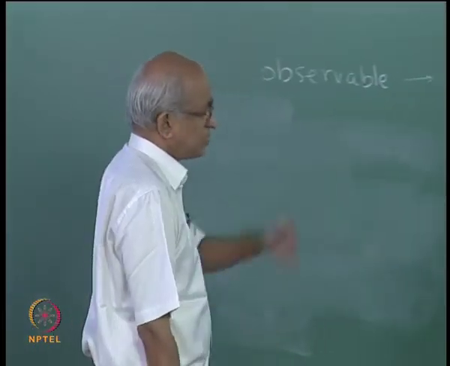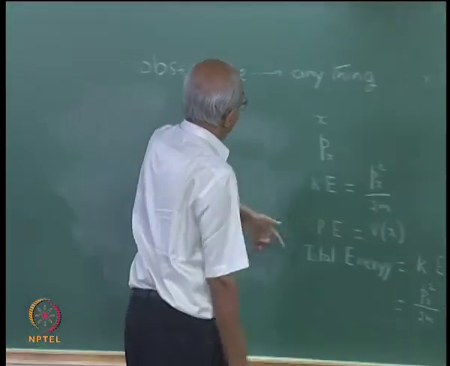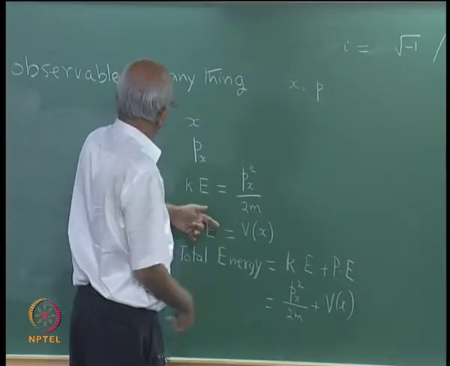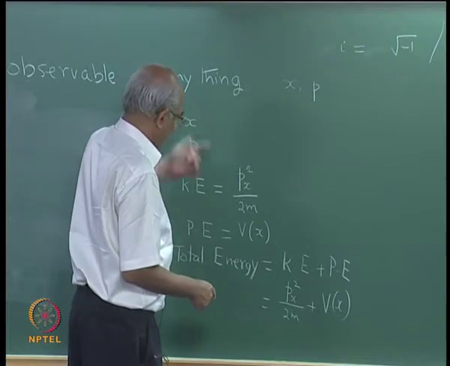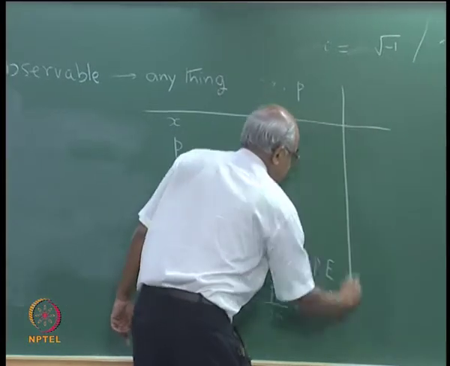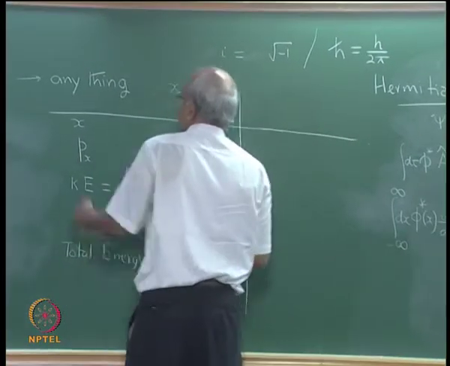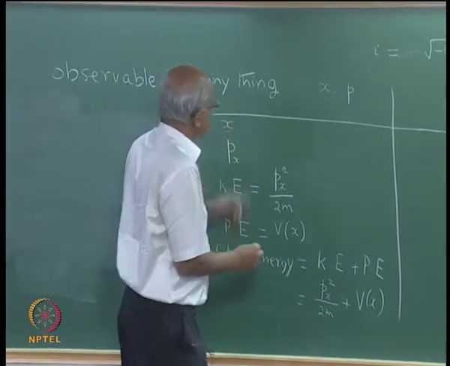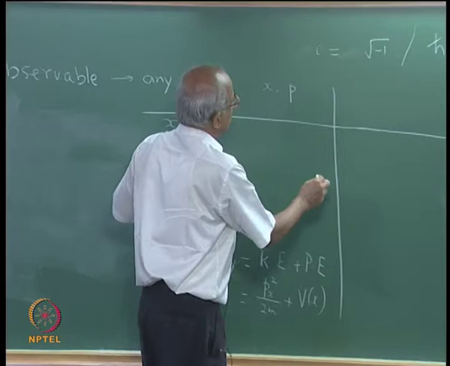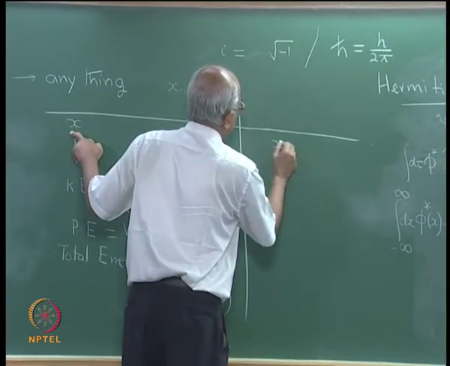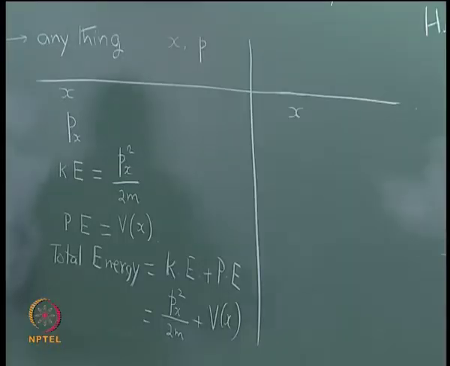So, let us follow this prescription and illustrate the postulate by doing these replacements for all the things that are written here. Here are my classical observables, and what are the associated operators. For x, you do not do anything, so the operator associated with position for a one dimensional system is just x itself.